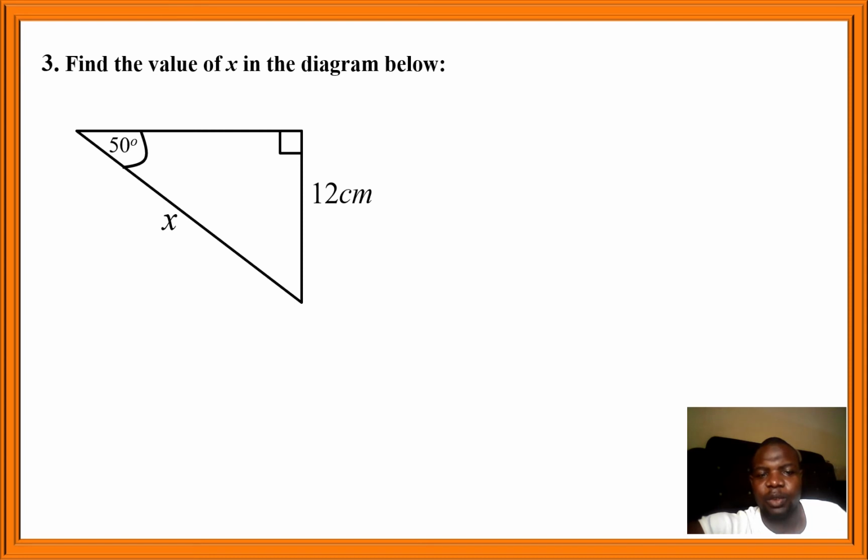For example 3, we are asked to find the value of x in this particular diagram.